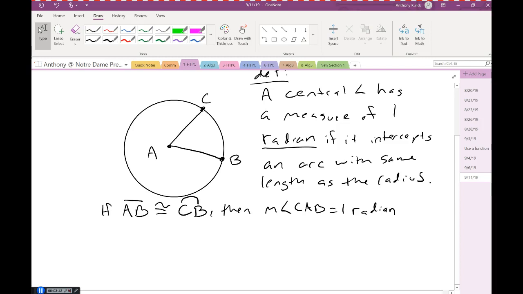So we have this new measurement called a radian, and this measurement of a radian is basically relating angle measure to the length of this arc intercepted when we embed our desired angle inside of a circle like this.